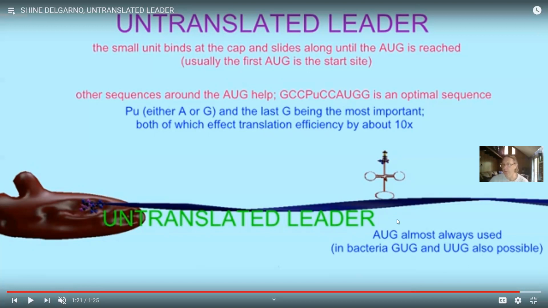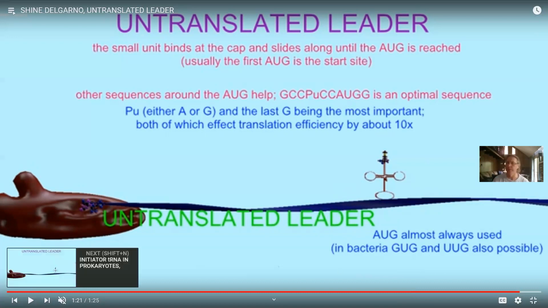AUG is virtually always the start codon, but GUG and UUG are sometimes used in bacteria as well. And so given that there can be multiple AUG codons and possible other codons, these other sequences which are signaling a gene starts here, that is important.